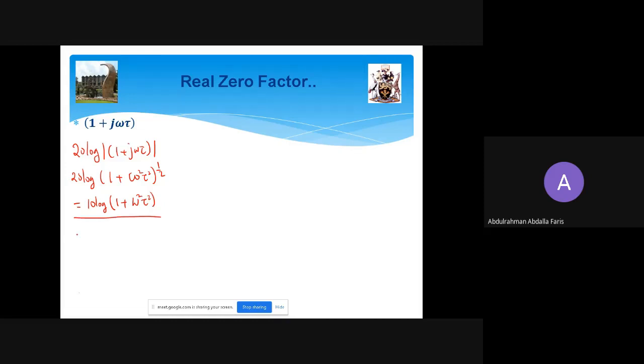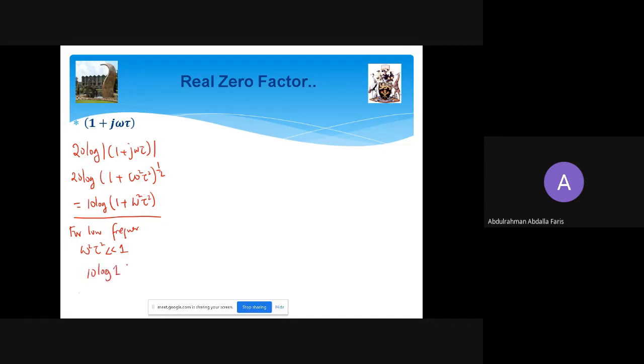Now we can say for low frequencies, it means this is less than 1, right? For low frequency, say omega tau is much less than 1. So if it's much less than 1, we just have 10 log of 1.